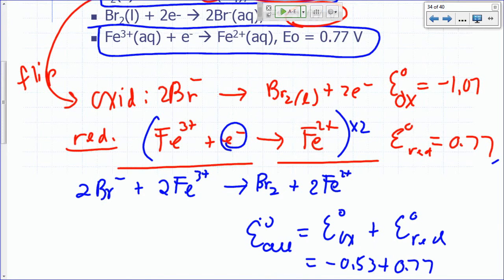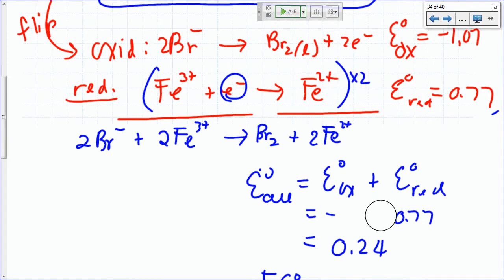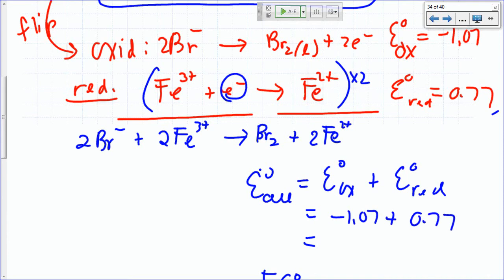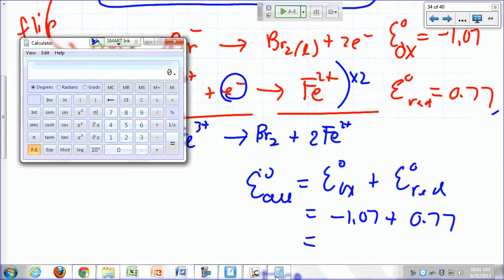What do you see here? What's our cell potential this time? We're going to have negative 1.07 plus 0.77. What would that be? 0.77 minus 1.07, that's negative 0.3.